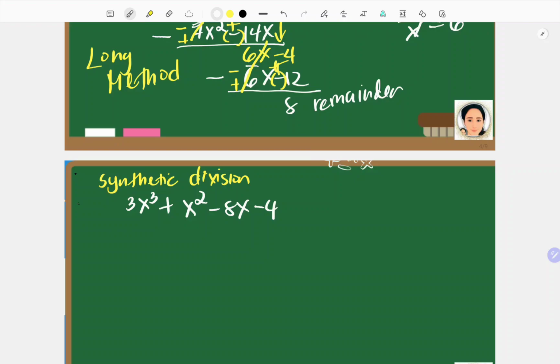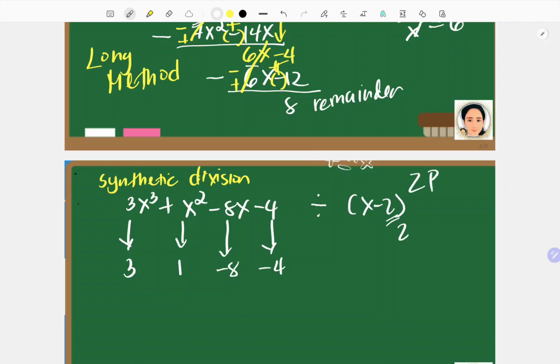Okay, just get the numerical coefficients. So you have here 3, and this one is 1, negative 8, and negative 4. So this is divided by x minus 2. So you have to use the opposite of negative 2, that is positive 2.